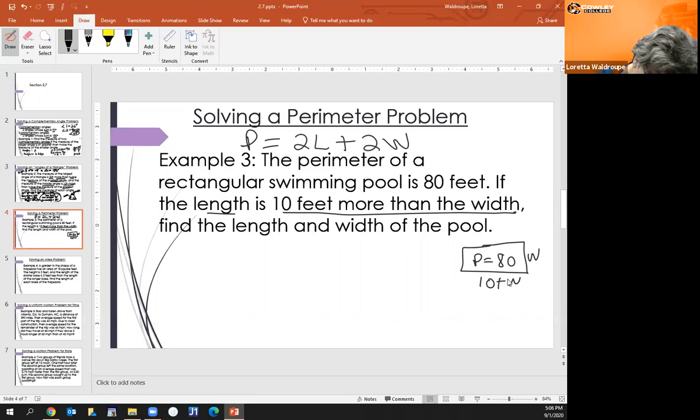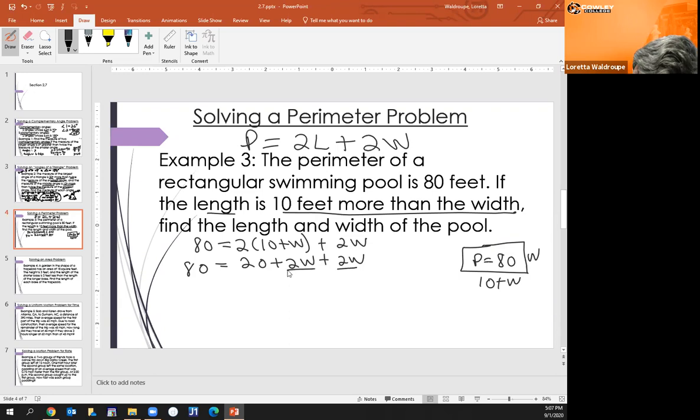So plugging what I know into my formula, P is 80, equals 2 times the length, which is 10 plus W, plus 2 times the width. Solving for W, distribute my 2. 2 times 10 is 20, and 2 times W is 2W.